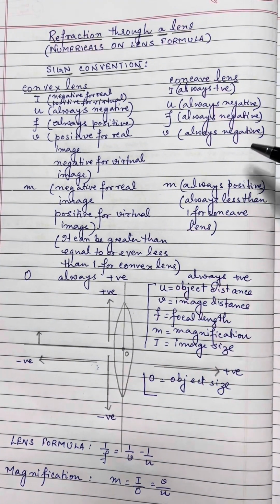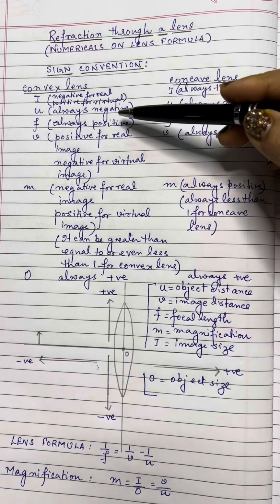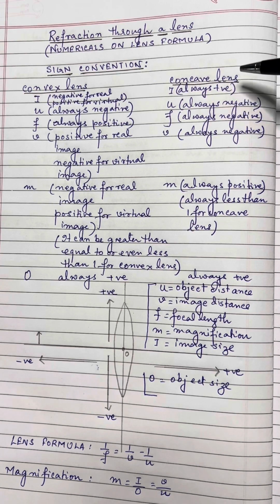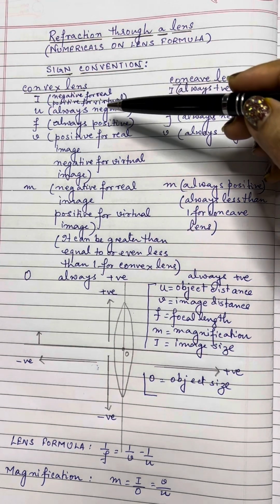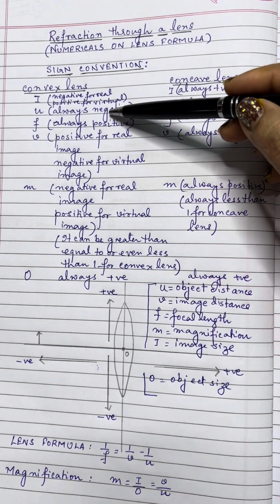Let us see how the sign convention becomes for two different lenses, the convex lens as well as the concave lens. First, let us talk about u, that is the object distance.